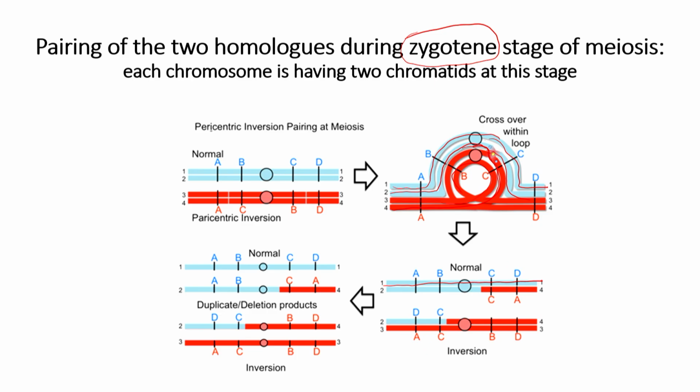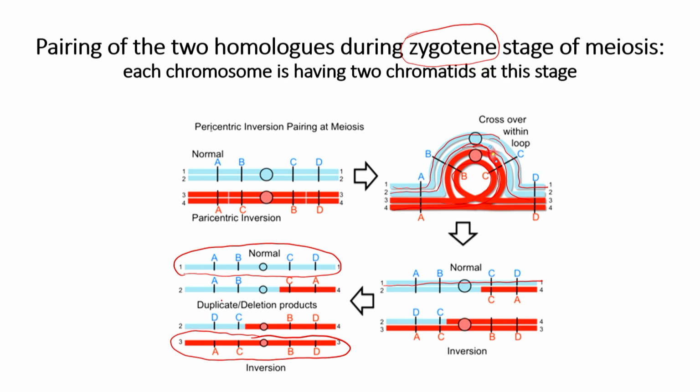Then during gamete formation, what will happen? One chromatid will go to one gamete, another chromatid will go to another gamete. So this is a normal one. This gamete will be normal because there is no inversion, nothing is here. This is the normal gamete. This gamete will also be normal because it has the inversion as in the parent, but a complete genome. Nothing is lost.